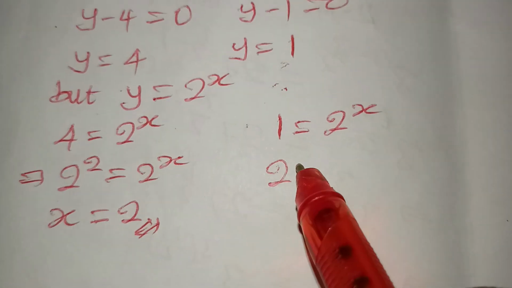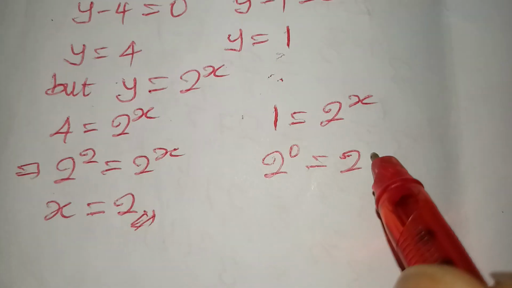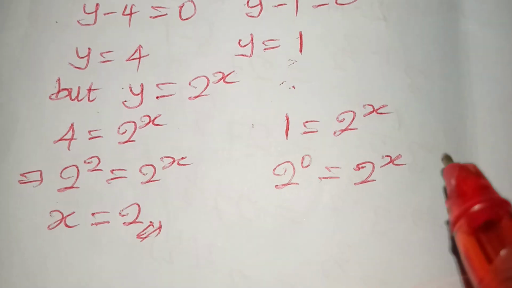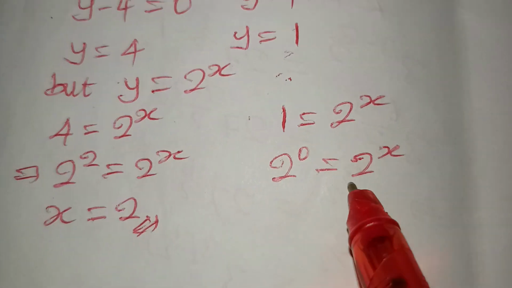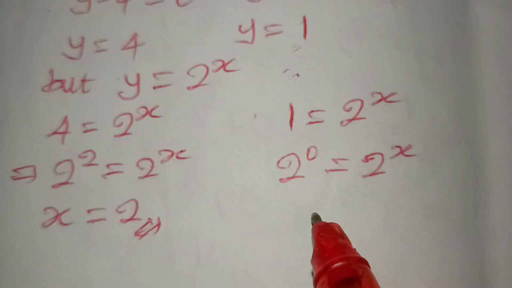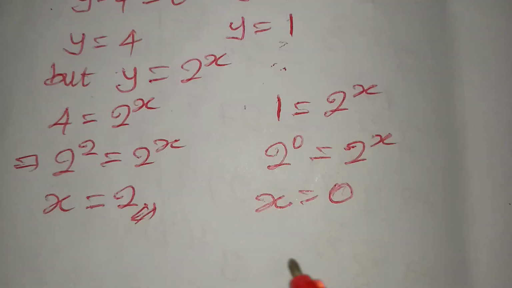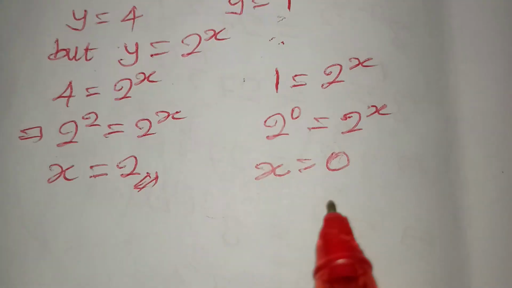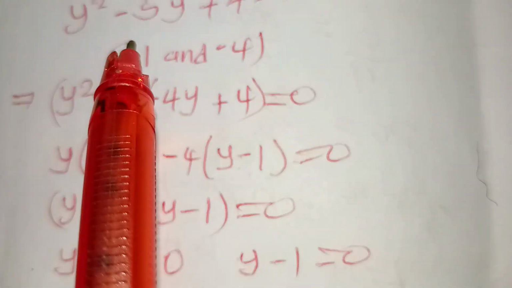So we have 2 exponent 0 equal to 2 exponent x. By the law of indices, when the bases are the same, we equate the exponents. So clearly x is equal to 0.